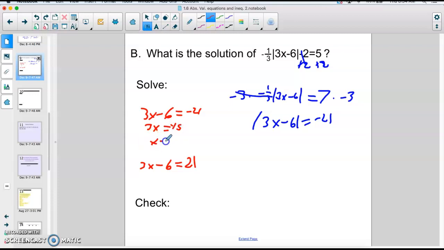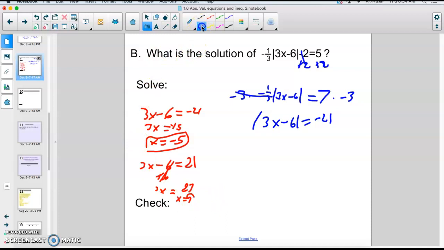We divide by 3 and we get negative 5, so that's one of our answers. Okay, over here, positive 21 this time around. When we add 6, we get 27. There's 3x. And so then we know that x equals 9. 27 divided by 3 is 9.